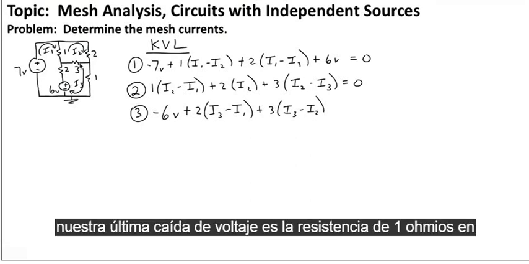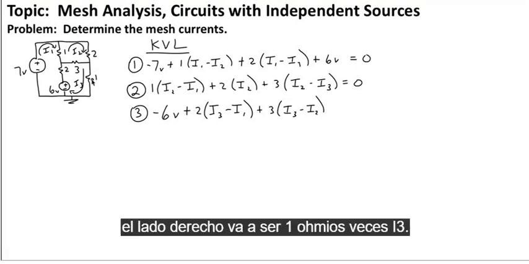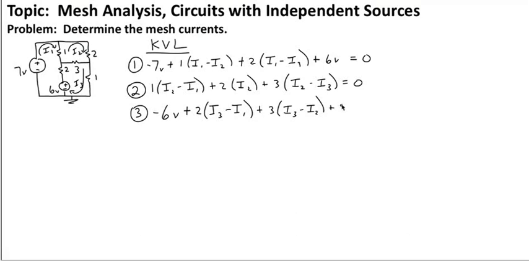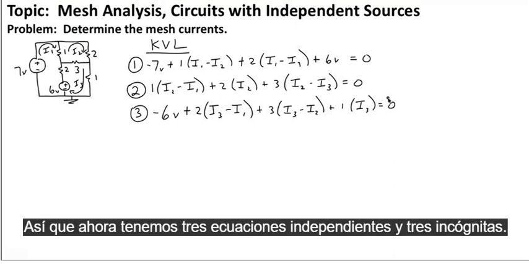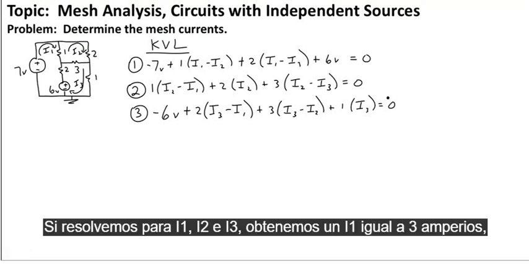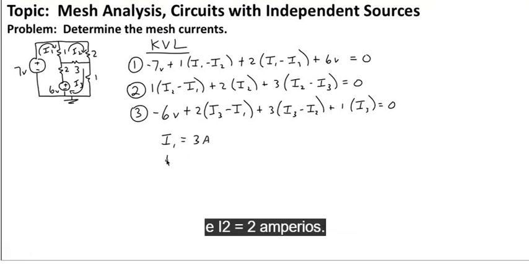And our last voltage drop is the 1 ohm resistor on the right-hand side. It's going to be 1 ohm times I3. That's equal to 0. So now we have 3 independent equations and 3 unknowns. If we solve for I1, I2, and I3, we get I1 equal to 3 amps, I2 equal to 2 amps, and I3 equal to 3 amps.